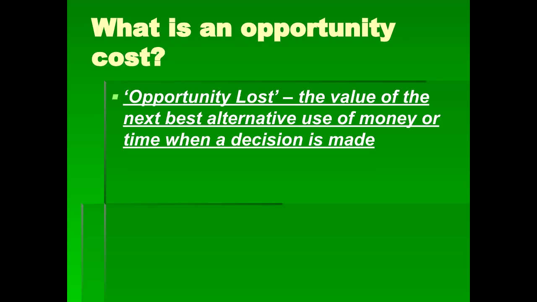So I'm going to give you an example. You have a $100 bill. You are going to spend it on a computer. You spend your $100 bill on a computer. Next in line for you was going to be a nice new pair of shoes.